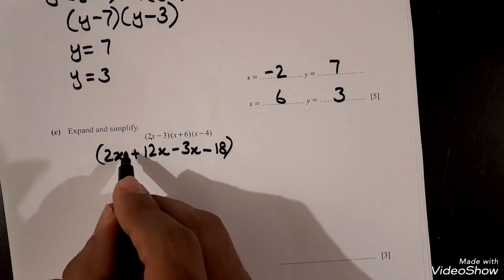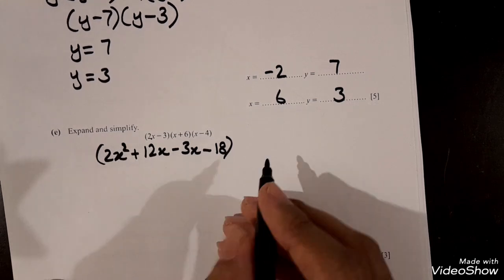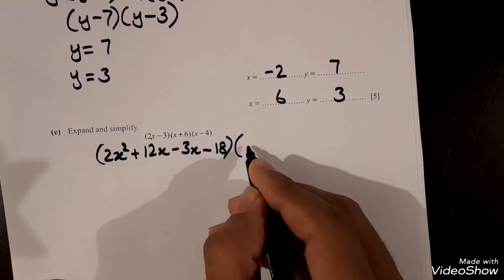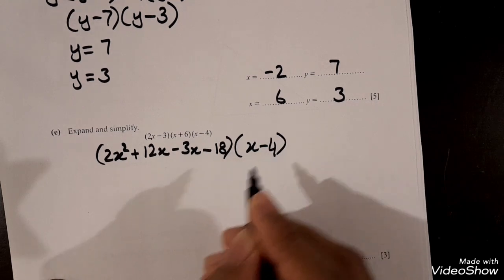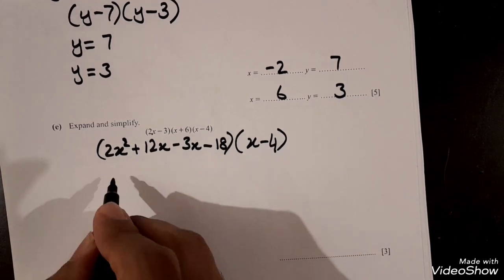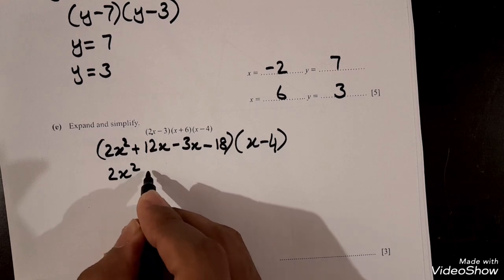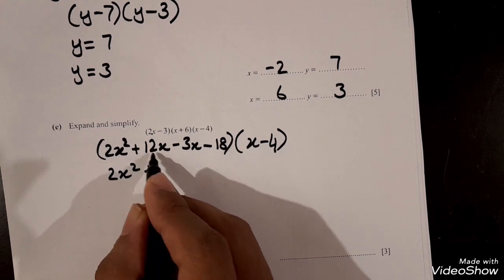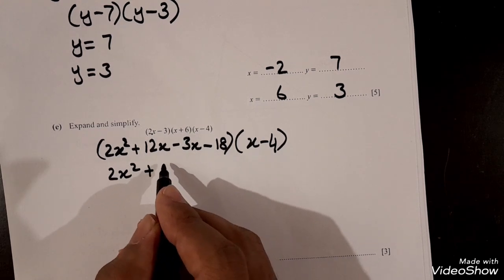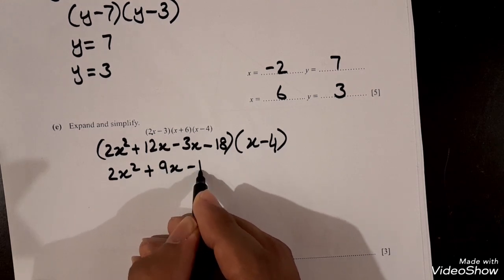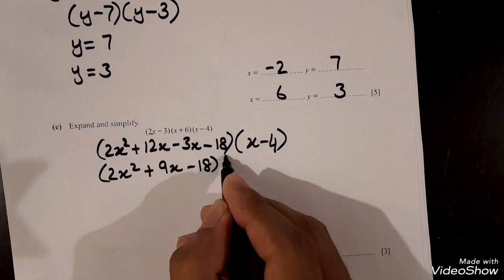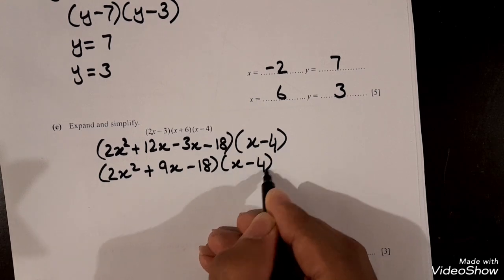Here we have 2x squared and then multiply by x minus 4. Now we will add this up, so this will be 2x squared plus 12x minus 3x will be 9x minus 18, multiplied by x minus 4.